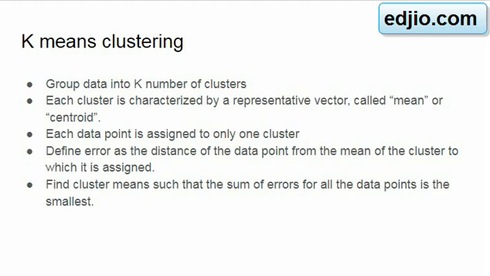Each cluster is characterized by a mean or a centroid. Each data point is assigned to only one cluster. Then define error as the distance of a data point from the mean of the cluster to which it is assigned. Find cluster means such that the sum of errors for all data points is the smallest.